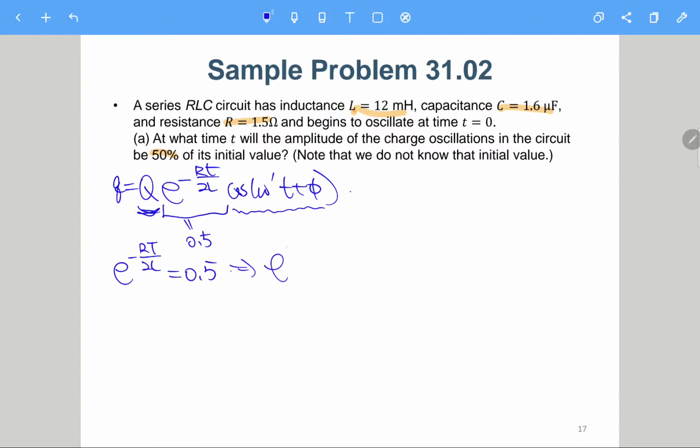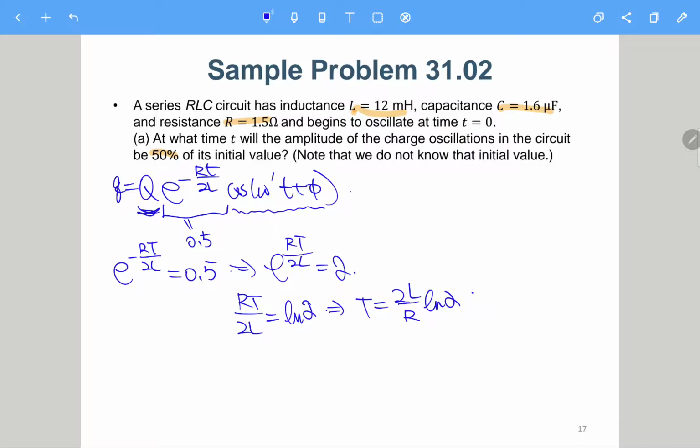We have exponential to RT over 2L equals 2. And then we can take natural log on both sides. So we have RT over 2L equals natural log of 2. So we have T equals 2L over R times natural log of 2.